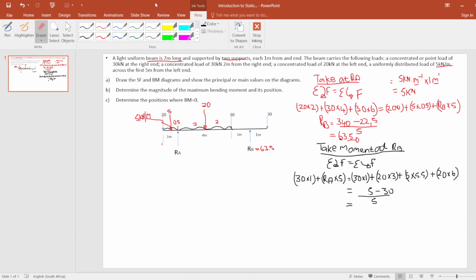It is 237, comma 5. Minus 30 divide by 5. Then I get my answer as 41, comma 5 kilonewton. We therefore managed to calculate our RA. Our RA is 41, comma 5.